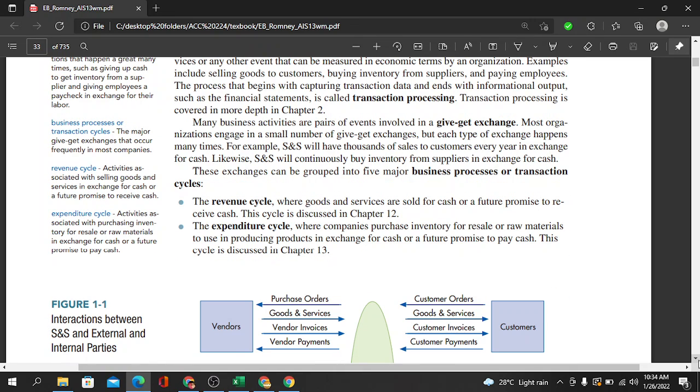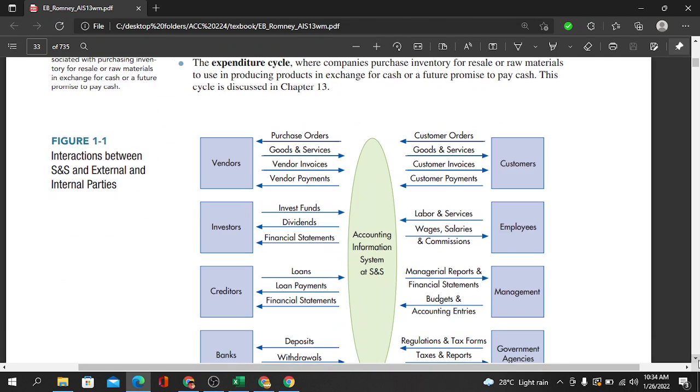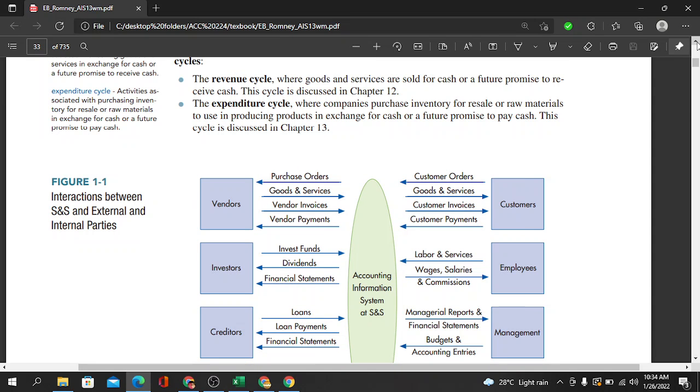So we have several business processes, and the AIS caters to these business processes, or we have this transaction cycle. In our subject, we will discuss the revenue cycle, three cycles: the revenue cycle, the expenditure cycle, and the GL cycle. If you observe on the AIS, we have give and get.